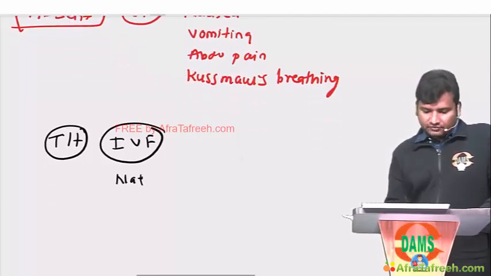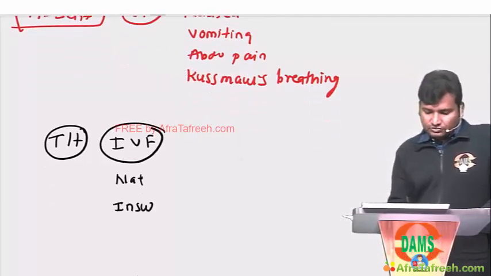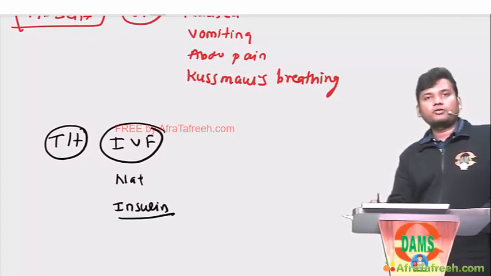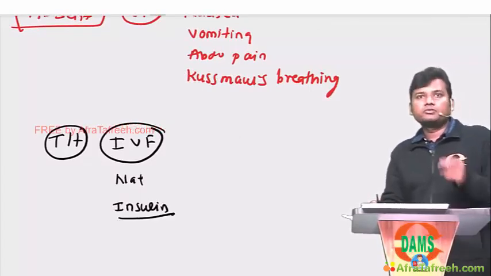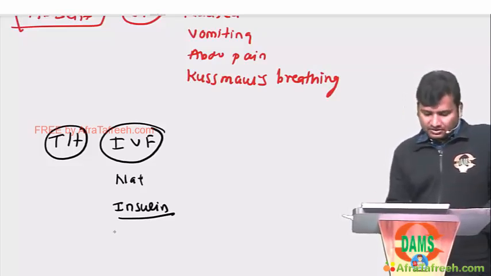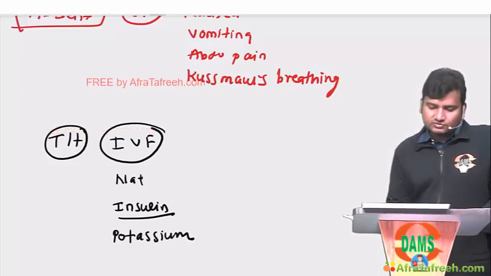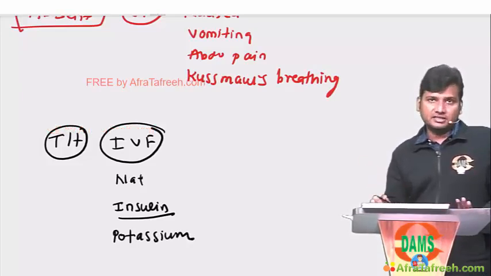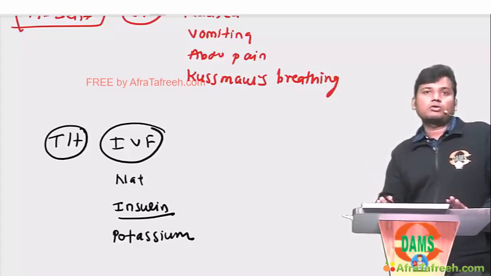Then for sugar we have to give insulin in the same dose, 0.1 unit per kg followed by 0.1 unit per kg per hour, and we have to monitor potassium level as we are giving insulin intravenously. So the complete treatment protocol is the same.